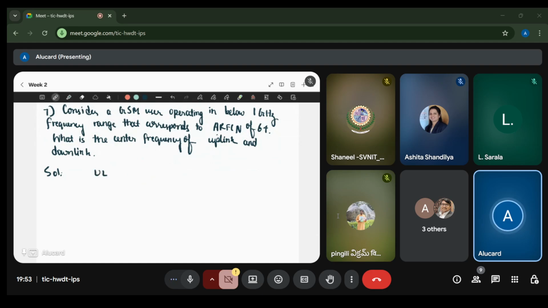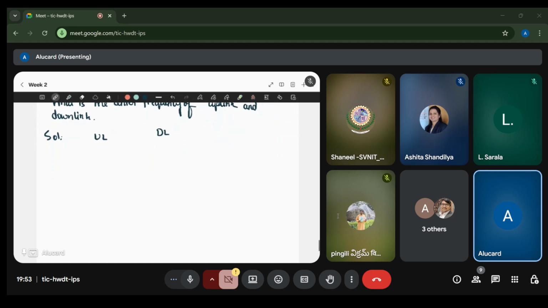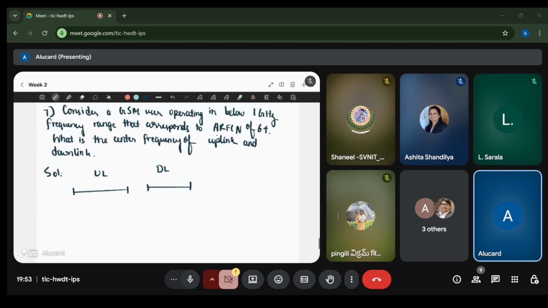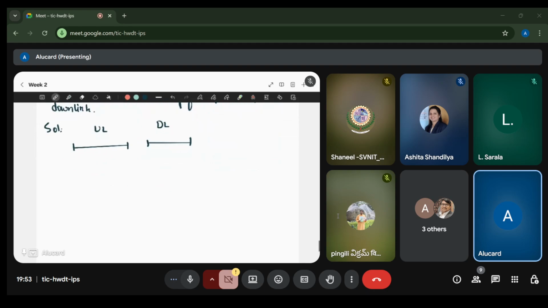Now you have two separate bands, uplink and downlink. You go back to the lecture and see for GSM what is the uplink band and what is the downlink band. Say this is F1, F2, F3, F4. Then there is a guard band.